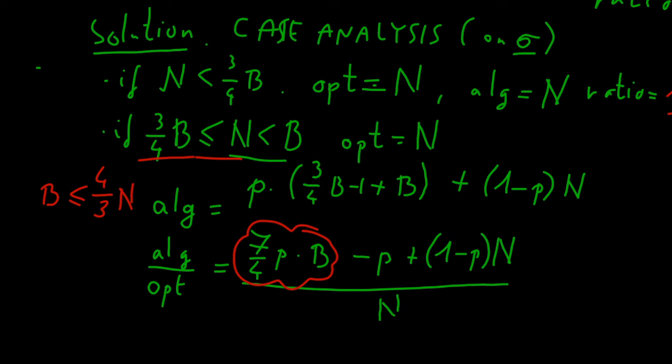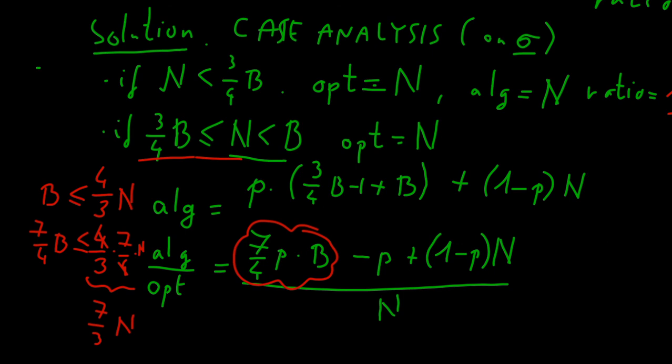So this means that 7 over 4 b's is a lower bound for, okay, so it's 3 times n, which is just 7 over 3 n's, times p.